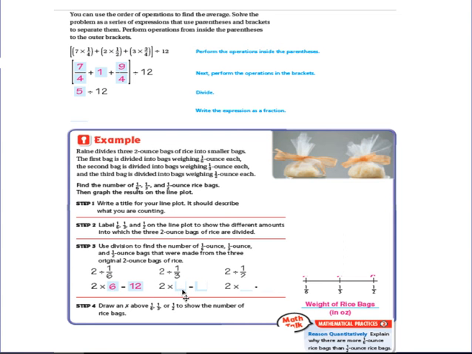Keep, change, flip. And we get 6, and same thing. Keep, change, flip. We have the 2 on the top, and we have 4. If I put those all together, that tells me how many marks I should have on each one. 12 of 1/6, 6 of 1/3, and 4 of a half.